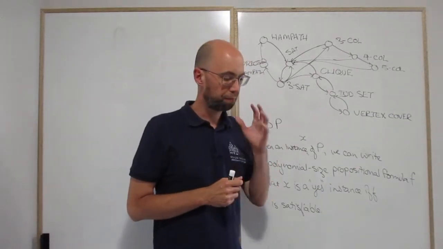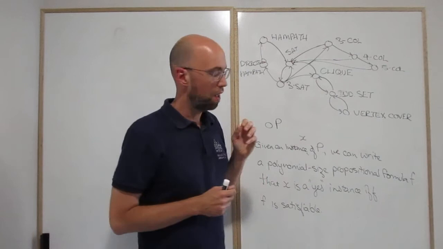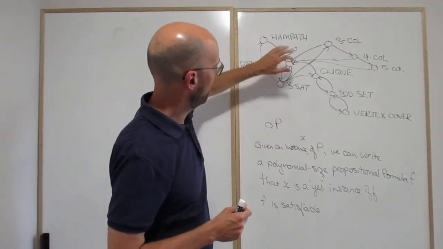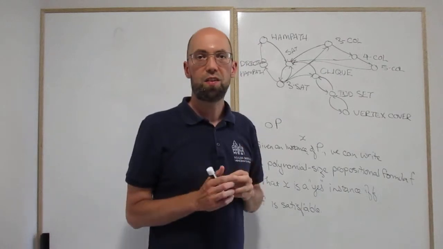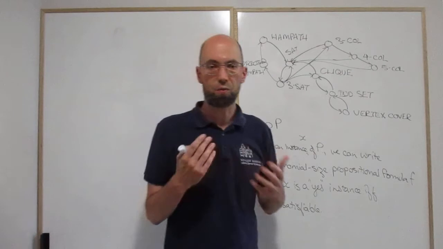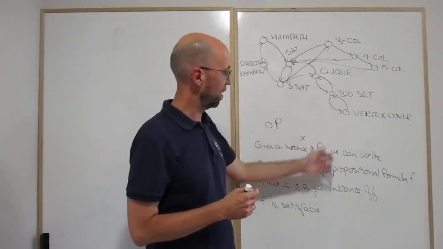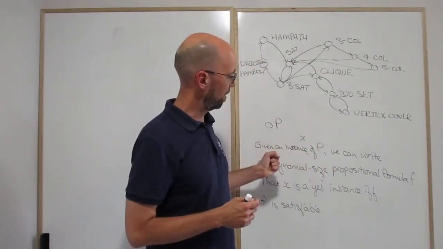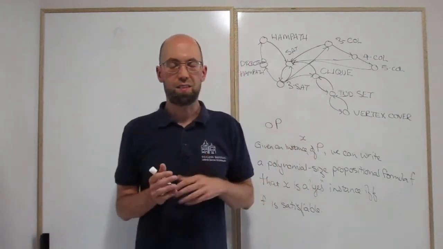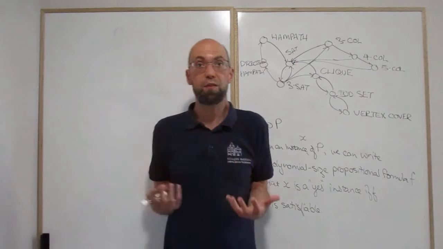Okay. Now, we would also like to say that SAT is in the class of algorithms for which we can write formulas saying that an instance is a yes instance. So SAT is complete for this class.